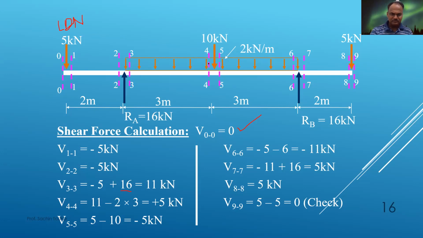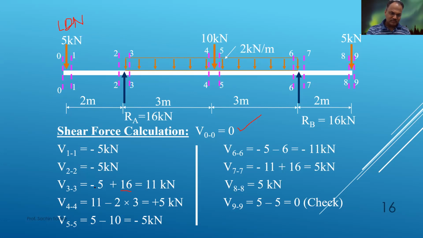At section 4-4, we have to remember that a UDL is there as well as a point load also acting. So before and after is very important in this case. Before this 10 kilonewton, what will happen? This 5, 10 and this UDL or part of the UDL, that is 3 meters.